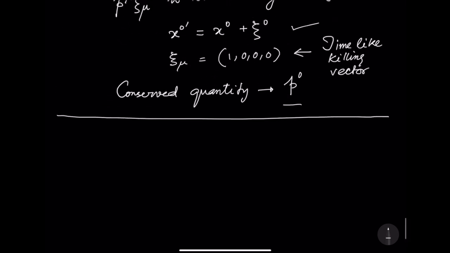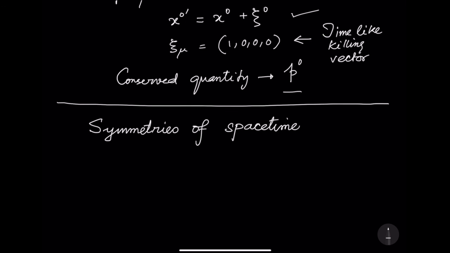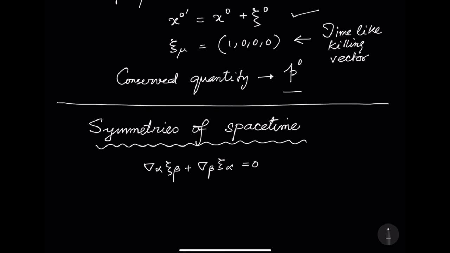The Killing vectors let us look at the symmetries of space-time, and that's what we started with, right? Symmetries of space-time is what we call the isometry of the metric. Now, if I again write down the Killing equation here, it's very easy to remember. How many components does it have?